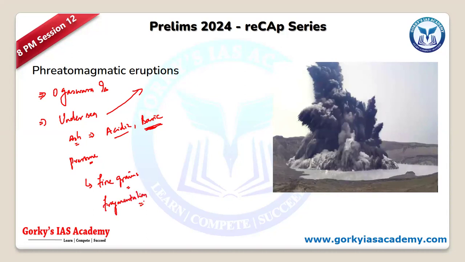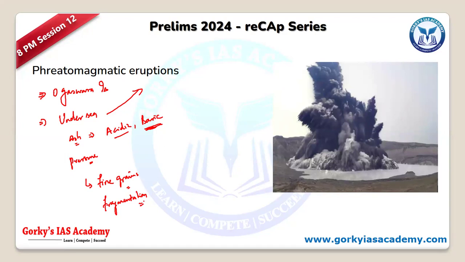Okay, fine. Apart from this, they may ask you about other different types of volcanic eruptions across the globe, so try to have a basic idea of it. And the Pacific Ring of Fire, those regions where these types of eruptions are found.